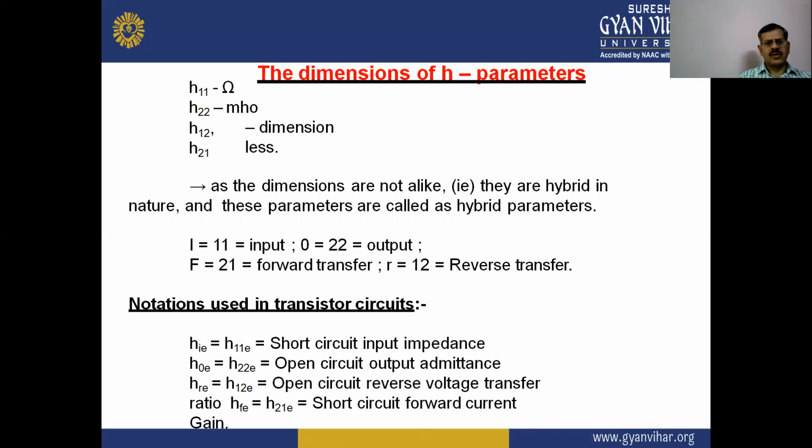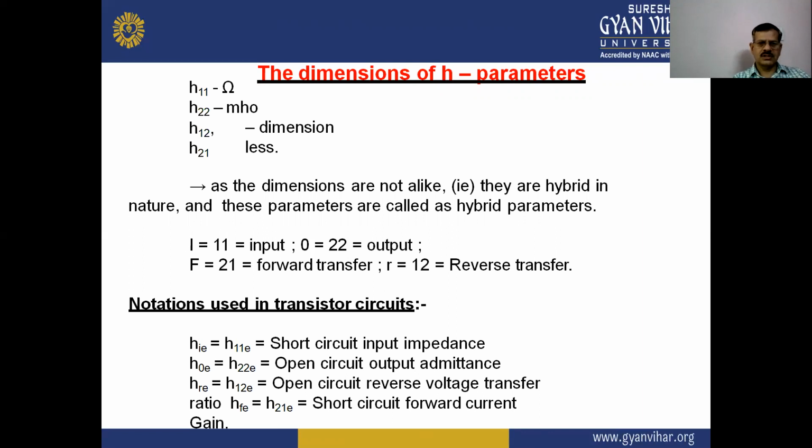In the subscripts, 1 equal to input and 2 equal to output, F equal to 2,1 equal to forward transfer and R equal to 1,2 equal to reverse transfer.